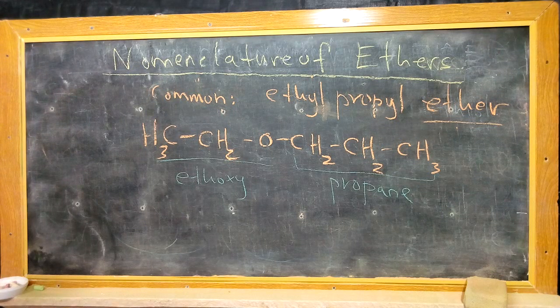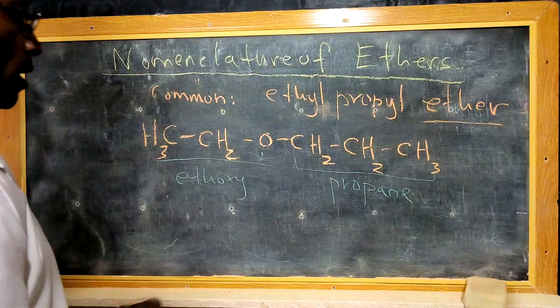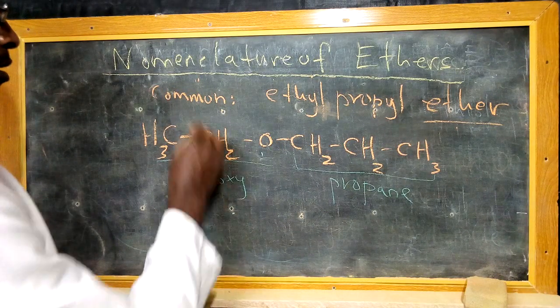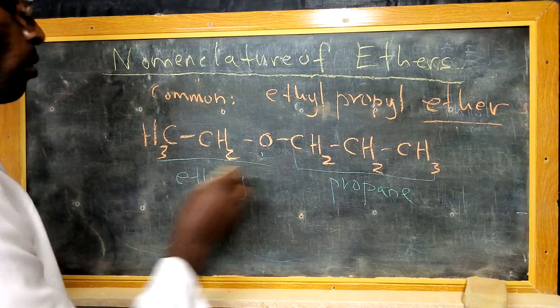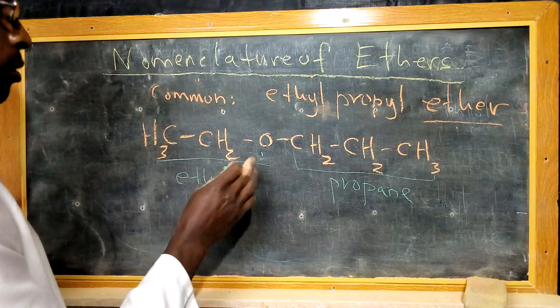So for the IUPAC naming system, we shall use the format that we have been using for other functional groups. So as we said, the alkoxide group will form the substituents. We shall use this designation. This one will be given as a group, and it definitely will be attached at point number 1.